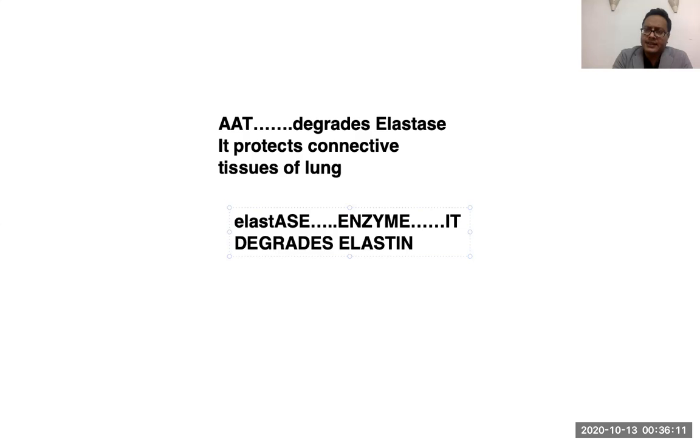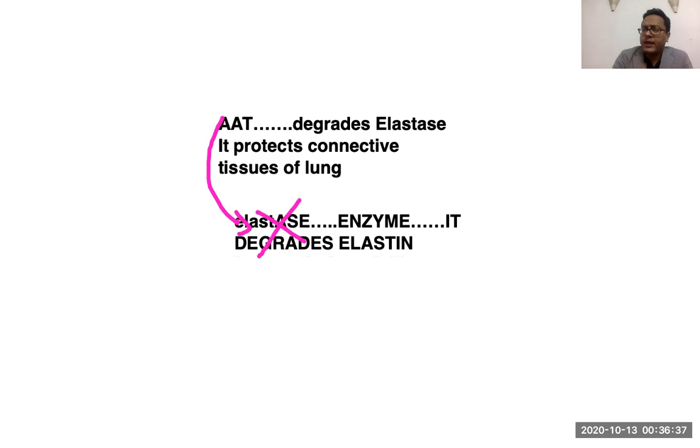It inhibits elastase. So when it inhibits elastase, obviously elastase cannot destroy elastin, and thus it protects the connective tissue of the lung and protects us from diseases like emphysema, which is a classic chronic obstructive pulmonary disorder.